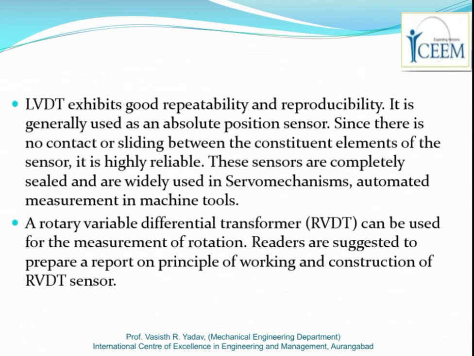So let us move forward. We can say that the LVDT exhibits good repeatability and reproducibility. It is generally used as an absolute position sensor, since there is no contact or sliding between the constituent elements of the sensor. It is highly reliable. These sensors are completely sealed and are widely used in servo mechanisms and automated measurement in machine tools.